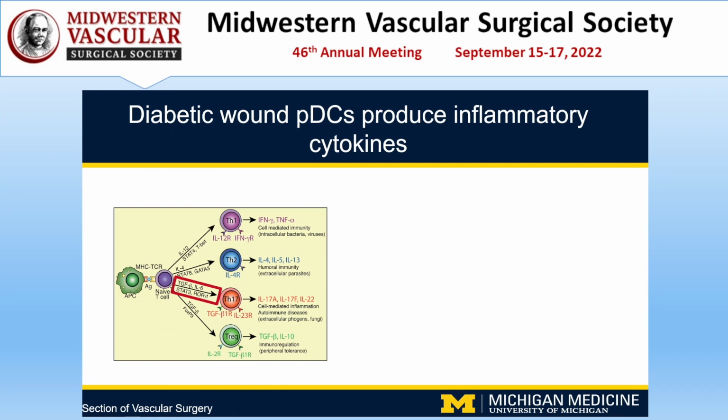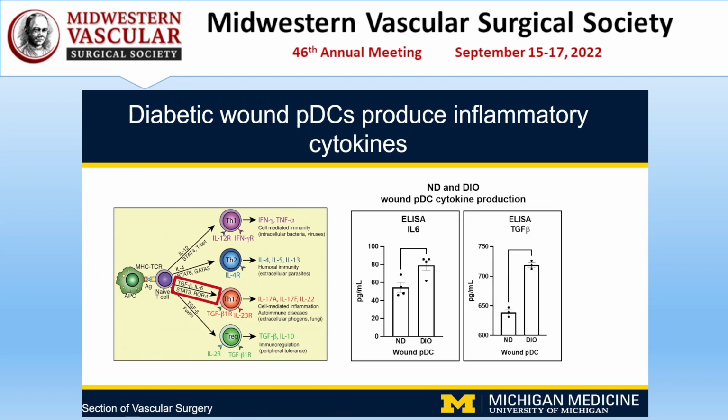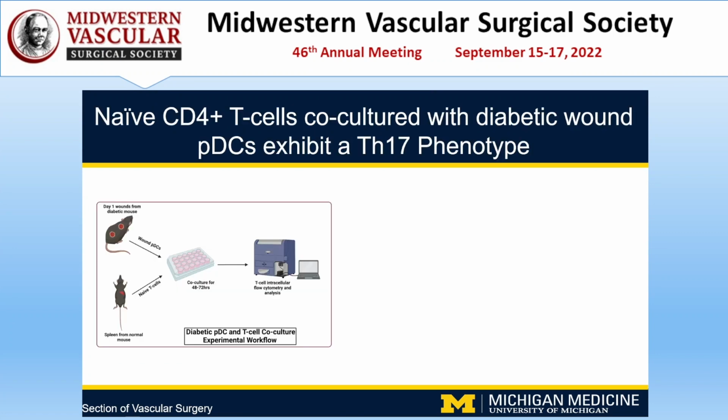So we took our diabetic wound PDCs and asked the question, do they make a lot of IL-6 and TGF-beta? What we realized is that they do. You can see here, the DIO stands for diet-induced obesity, and that shows they have elevated levels at the protein level of IL-6 and TGF-beta.